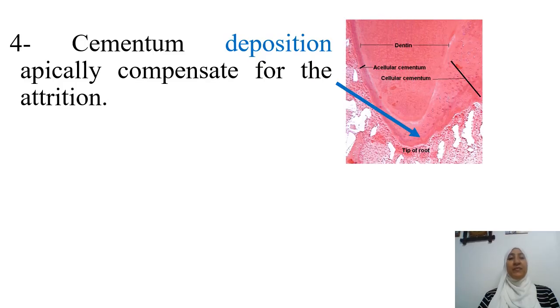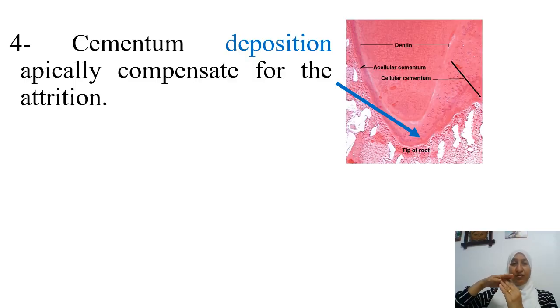Also, cementum has a continuous layer of cementoblasts. Cementum shows continuous deposition or formation, as we will discuss later during eruption and shedding of the tooth. During eruption, the tooth reaches its occlusal plane. This is the upper tooth and this is the lower tooth.